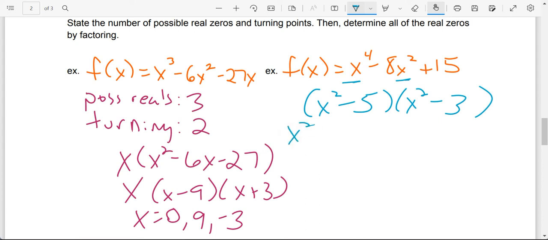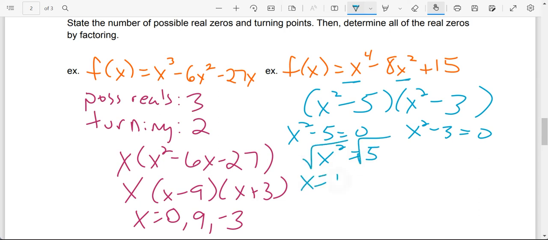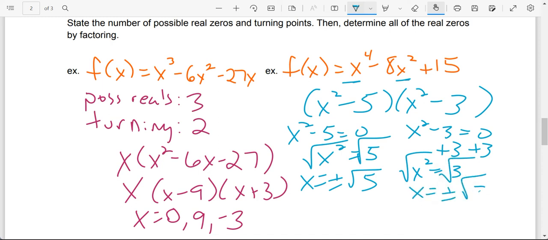Set them both equal to 0. We get x squared is equal to 5, so x is equal to plus or minus root 5, and then x squared is equal to 3, so x is equal to plus or minus root 3.